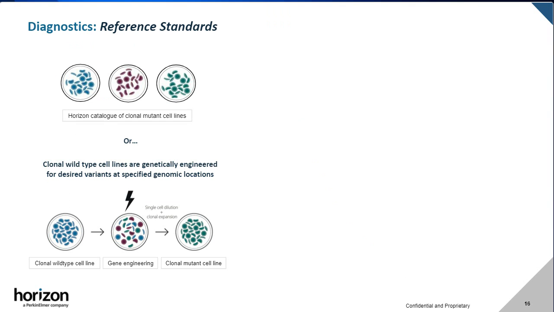So Horizon's molecular reference standards are produced using clonal mutant cell lines that contain the genomic variants relevant to oncology assays. The cell line derived nature of our reference standards ensures the variants are in the same genomic environment that's present in a clinical sample, and thus ensures that our standards are closely mimicking what you would observe in the clinic.